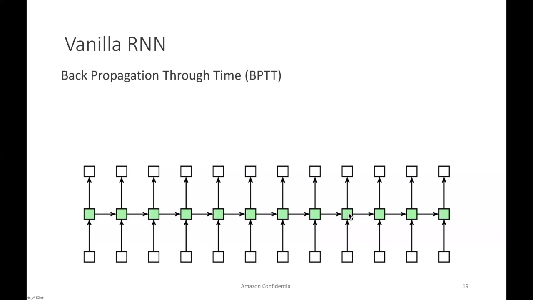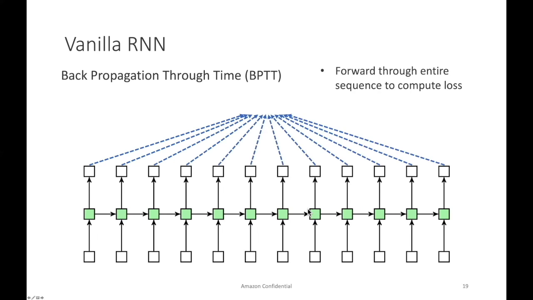Now, the way that this RNN's loss is calculated is also called backpropagation through time. So what we do is we forward through the entire sequence, and at the end of the sequence we compute the loss.